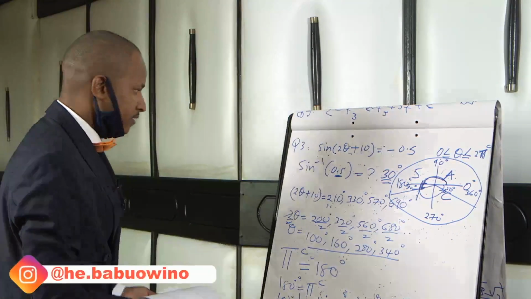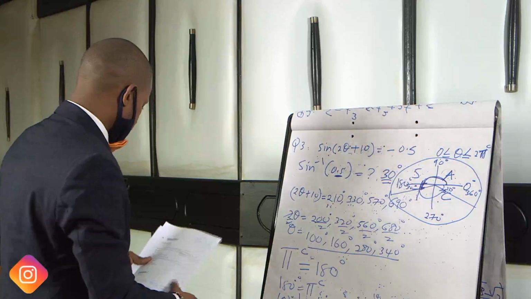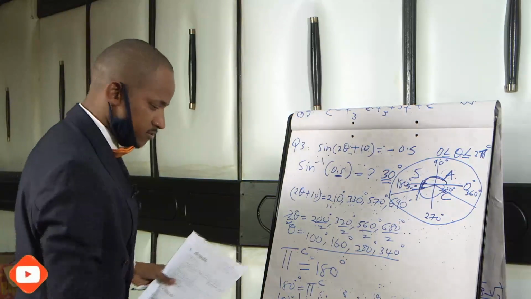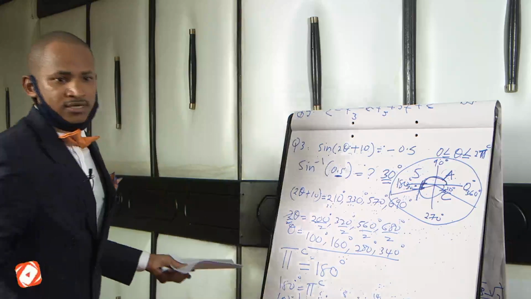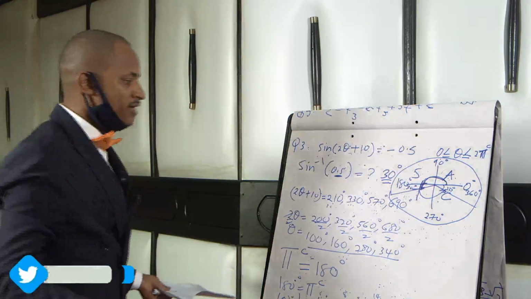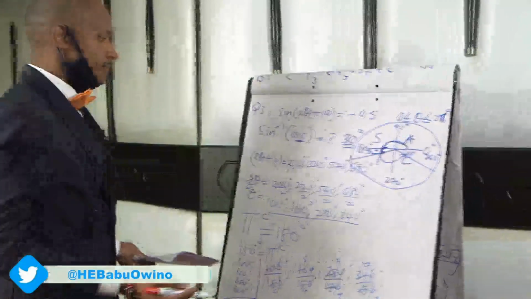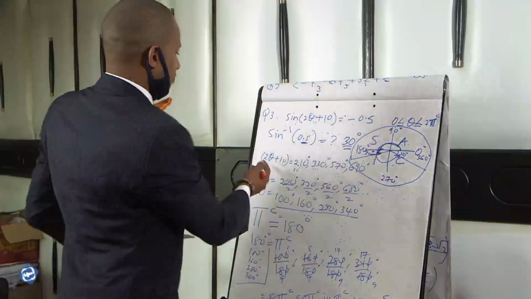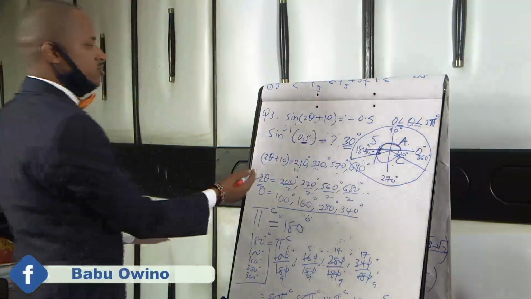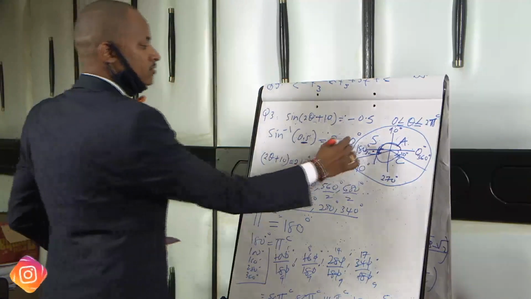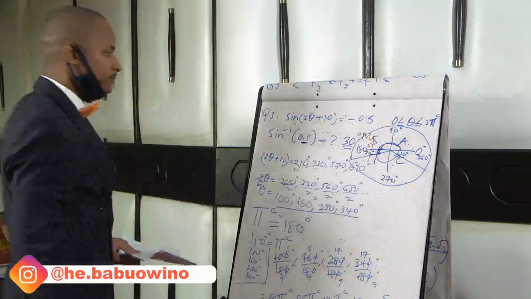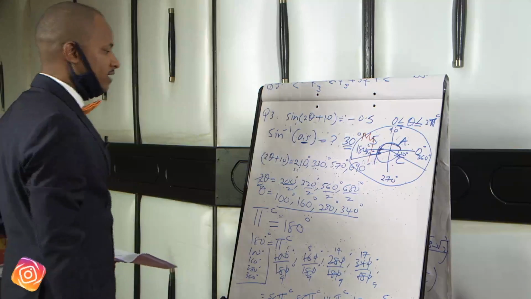So we can proceed to the next question. If I were to mark this just a little bit, assuming that I'm an examiner also, my first mark I would give you for identifying that angle, as method 1.